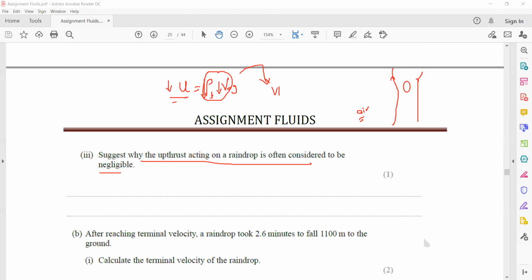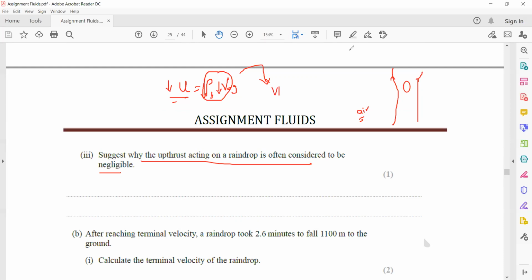Is it clear? Not the density of displaced air, but the density of the fluid.